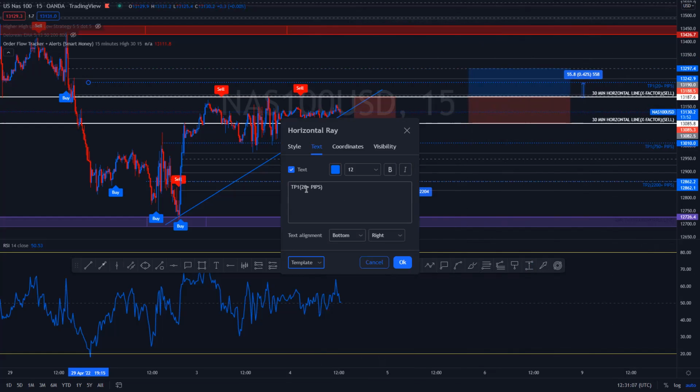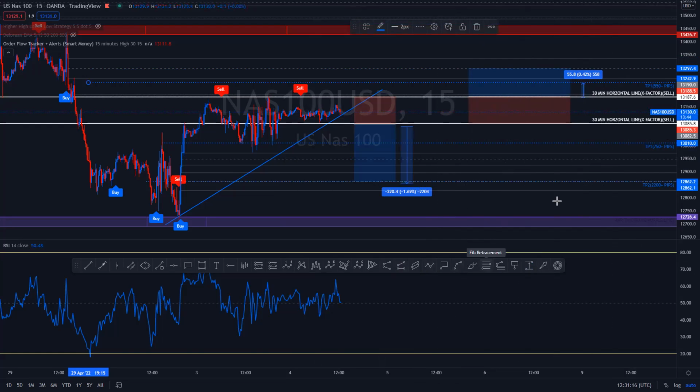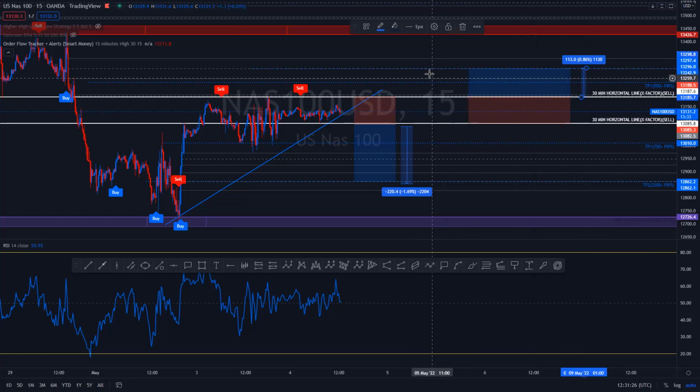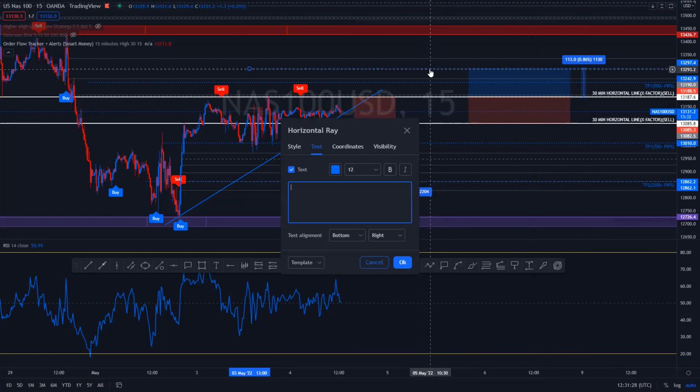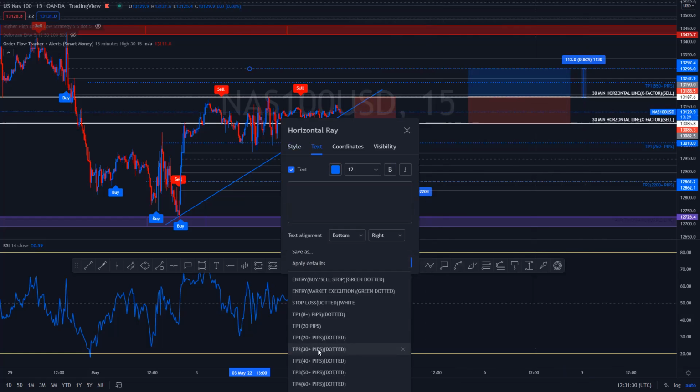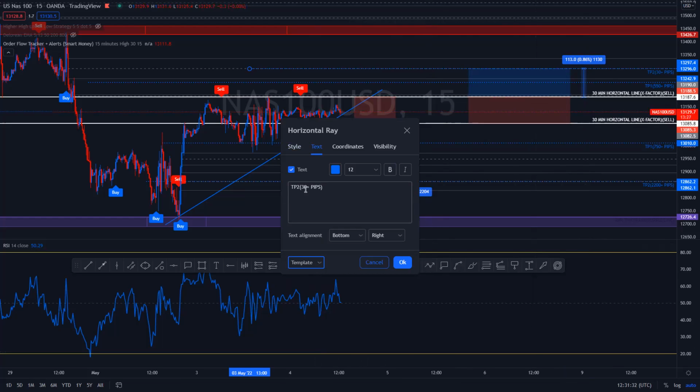That is going to be 550 plus pips. And then the second one here, it's going to be TP2, 1100 plus pips.